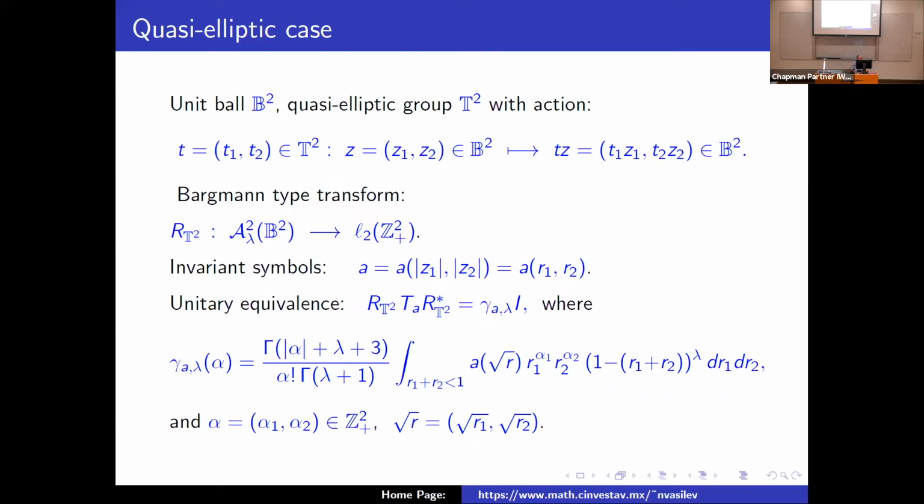So an invariant symbol would be just a symbol that depends on the radial part of each variable, r1 and r2. The Bergman transform, this unitary operator, maps the Bergman space unitarily onto l2 of sequences parameterized by two non-negative integers. And this spectral function, in this case the spectral sequence, is given by this formula.